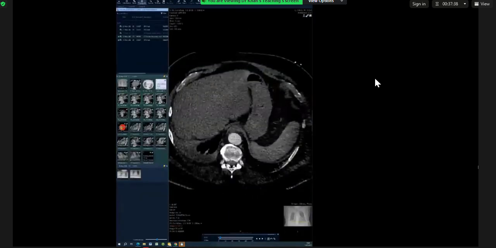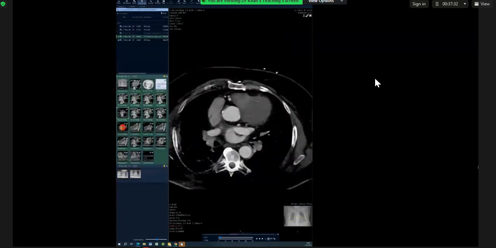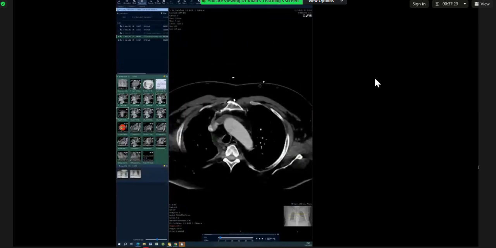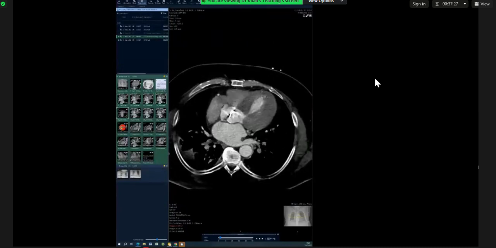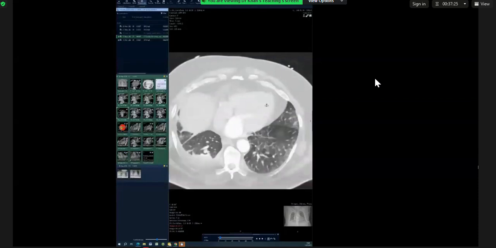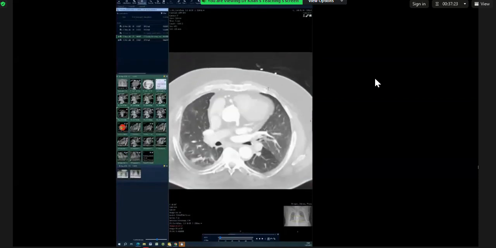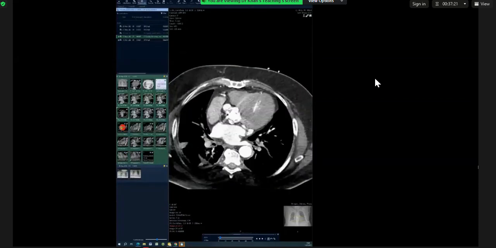And I'm going to give you another reformat to see how you do with that. I told you the patient has an aortic valve replacement, an abnormal echo, and is in heart failure. You see the heart failure changes with a bit of pleural effusion and some septal thickening. So focus on the heart.